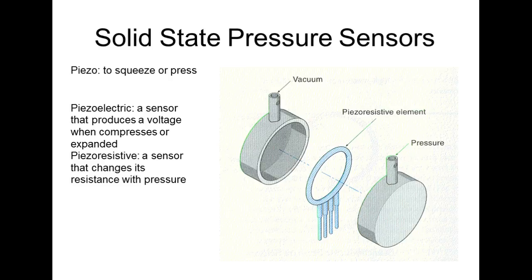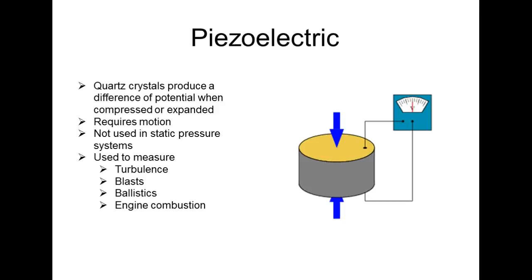When it is compressed or expanded, piezoelectric sensors change their what? Their resistance. So the only time we run into a piezoelectric would be if we want to measure a change in pressure. Piezoelectric crystals produce a difference in potential when compressed or expanded.